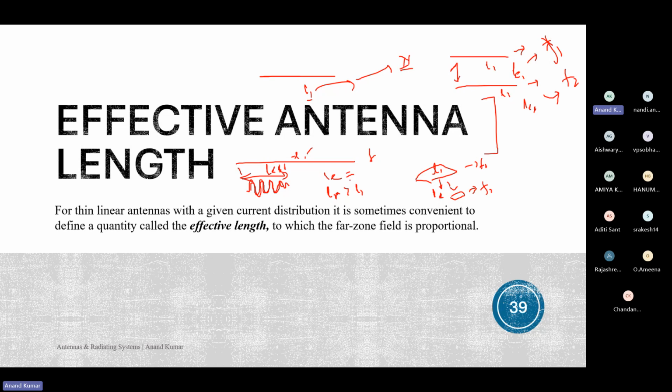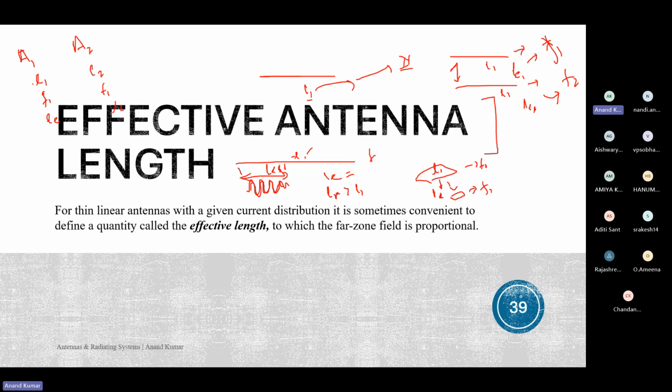Do you have any questions on this? Was I able to make it clear that two antennas, A1 and A2, can have physical lengths L1 and L2 and radiate at the same frequency F1 because they have the same effective length?